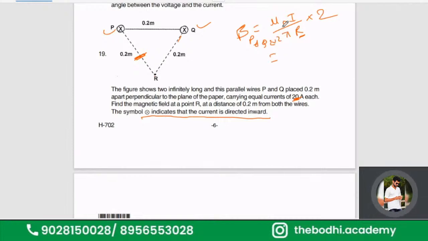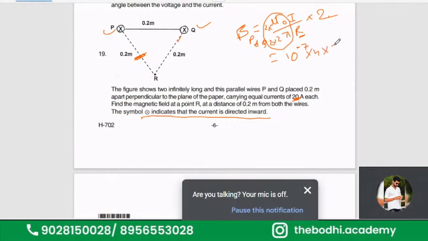So we multiply by 2 here, mu naught by 4 pi, and since we have multiplied, we divide by 2 here. So mu naught by 4 pi becomes 10 to the power minus 7. Then 2 into 2, 4, into what is my current I? I is 20, over R, how much? 0.2 meters.